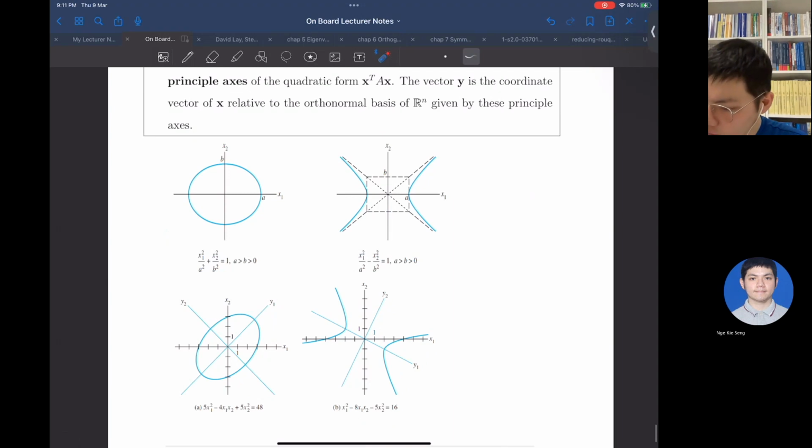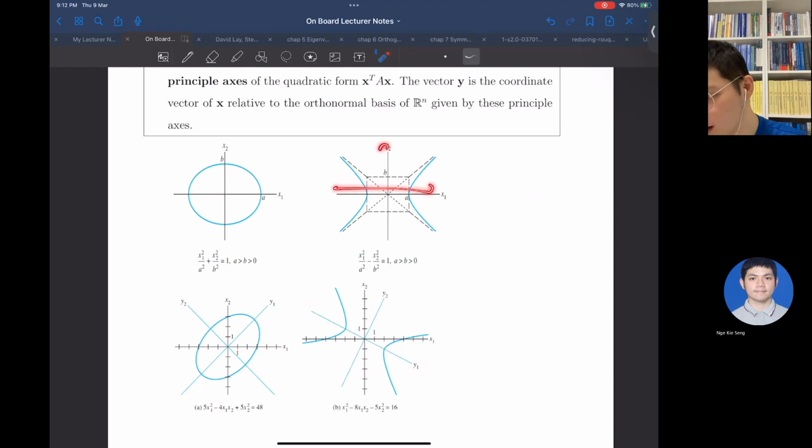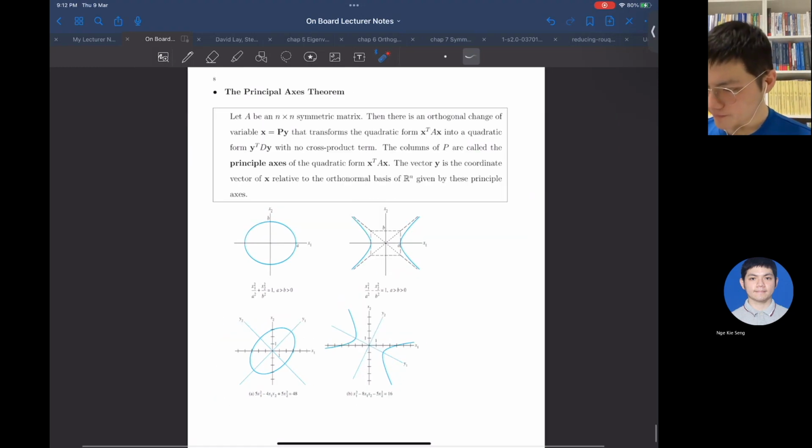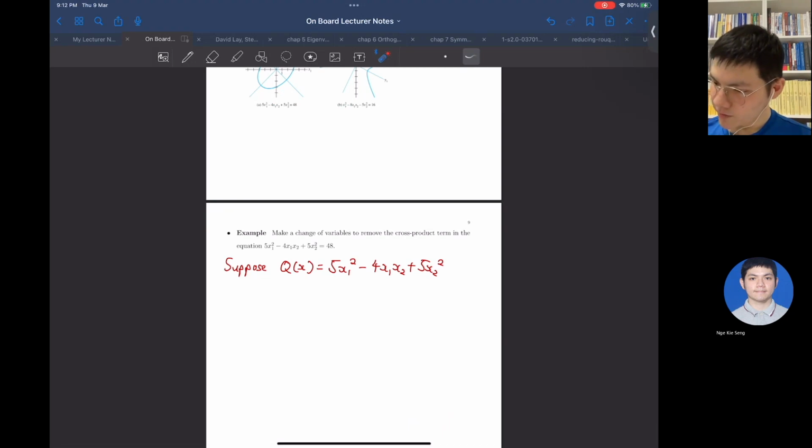So what y1 and y2 are about is the principal axes of this, we'll call it a conic section. Okay, it's a conic section here. So it's about changing this y1 and y2 into the right position so that we can get diagonal terms. All right. So for this one, we will make it a homework and I will provide the solution later.